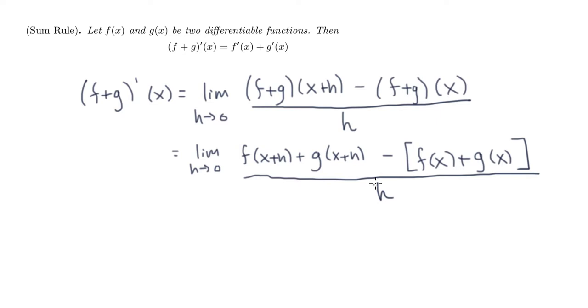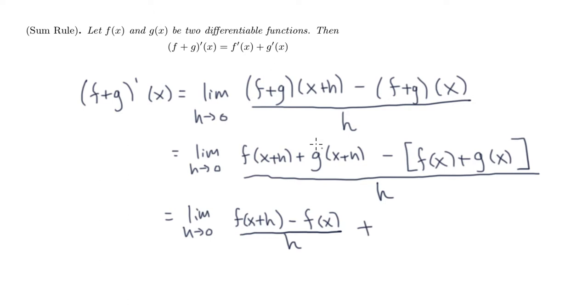I really just need to reorganize this quotient and then apply the limit laws to the two different pieces. So I'm going to say this is the limit as h goes to 0, and I'm going to reassociate things. I'm going to put f of x plus h, and then the minus f of x over here, and that's of course divided by h.